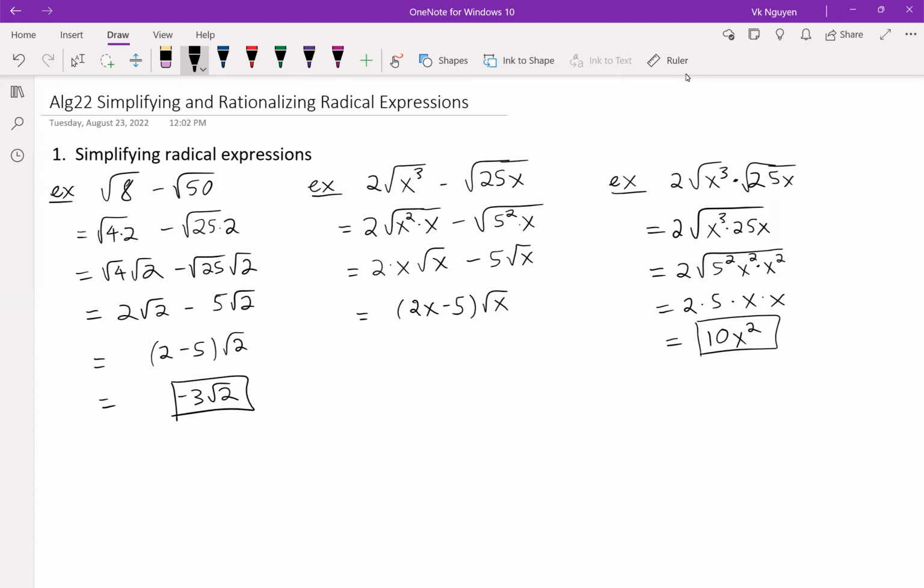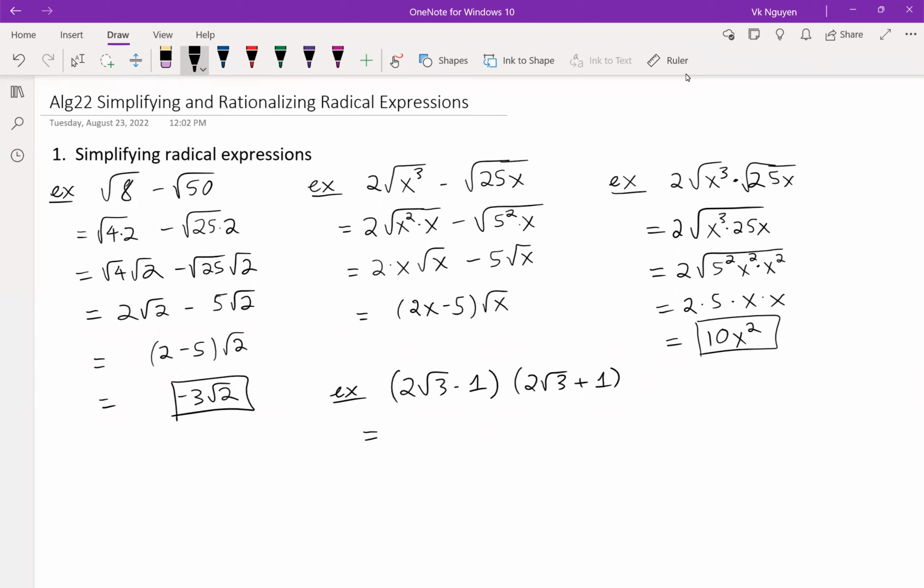Well, one more. 2 root 3 minus 1 multiplied by 2 root 3 plus 1.